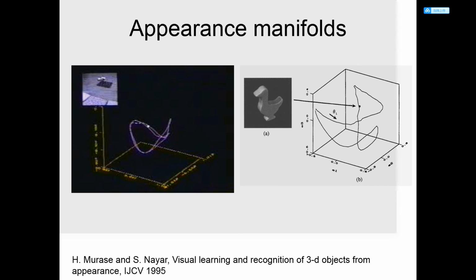But you can do a dimension reduction, for example using PCA. There is some work people did in the 90s. For example, with this toy duck, you look at it in different poses and how it changes in the image space. You can see this interesting curve in this high dimensional space, showing how the image changes according to the pose.